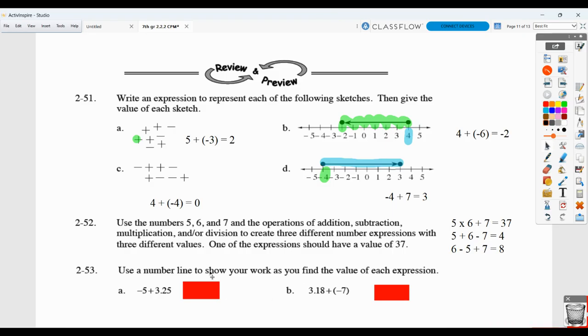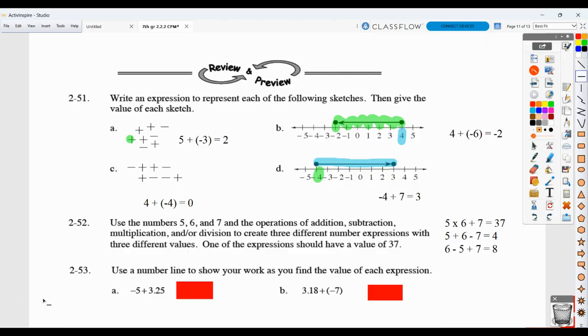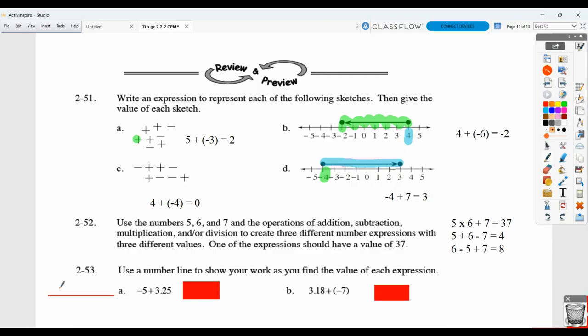Here they want you to use a number line to show your work to find the value of this. So again, you can create a number line. And if you're starting at negative 5, and you're going in a positive direction 3 and 25 hundredths, in other words, 3 and 1/4.